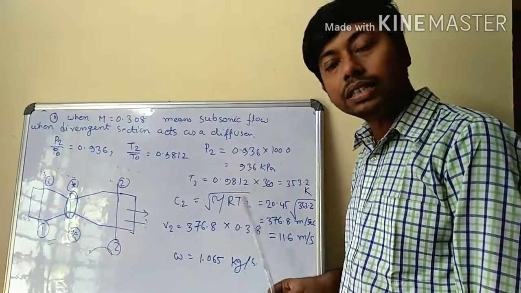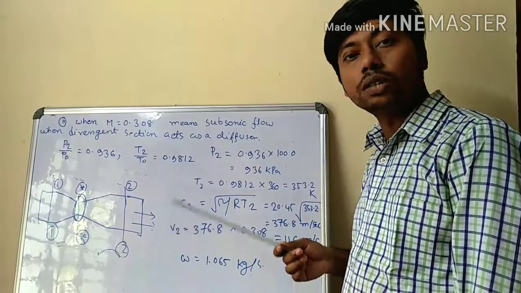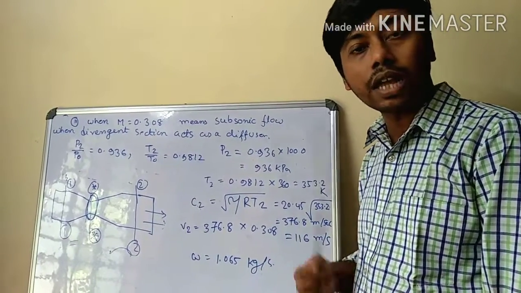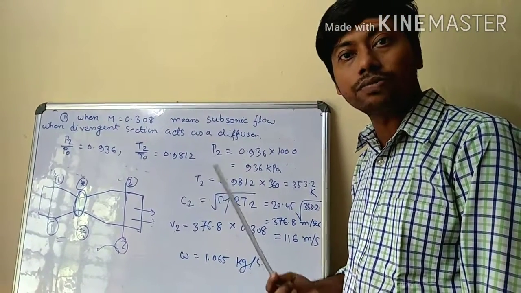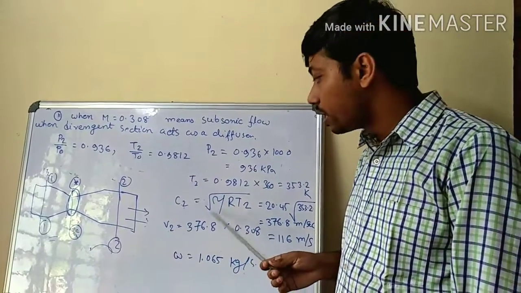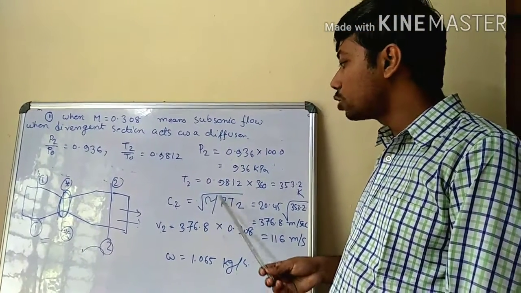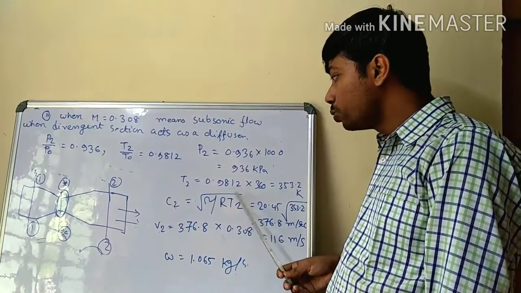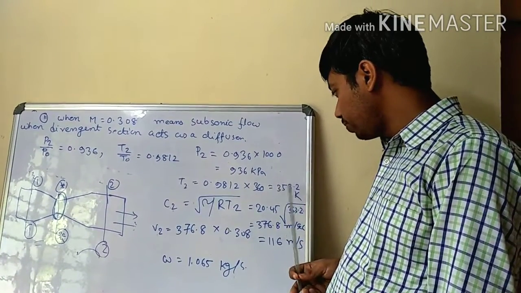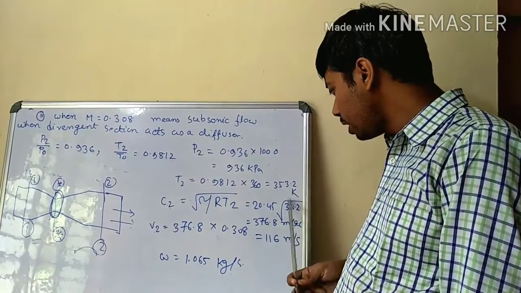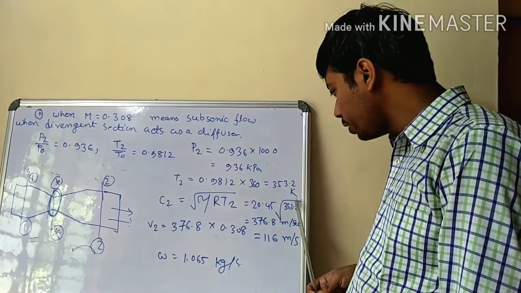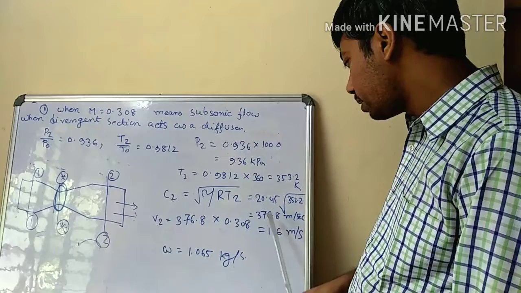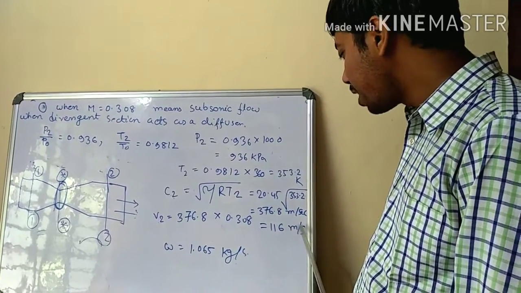Under root of gamma R is 20.045. Now T2 is 353 Kelvin, so C2 will be ultimately 376.8 meter per second.